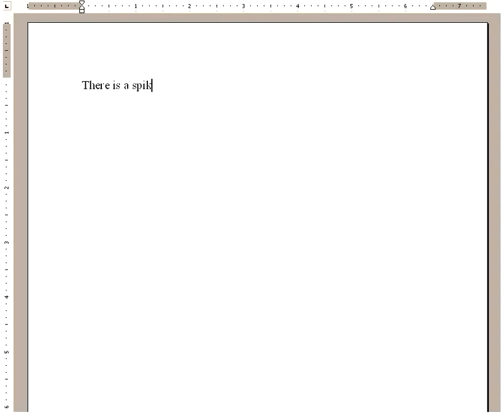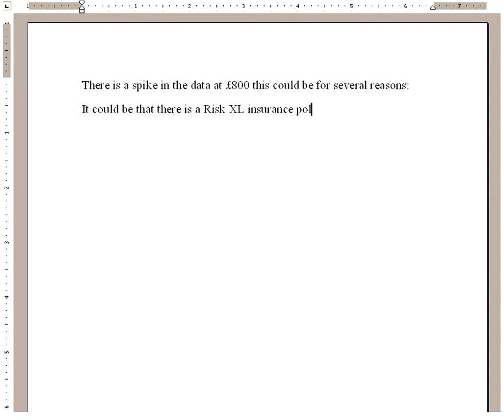there is a spike in the data at 800. This could be for several reasons. It could be that there is a risk excess of loss insurance policy in place and all payments over 800 are reinsured.